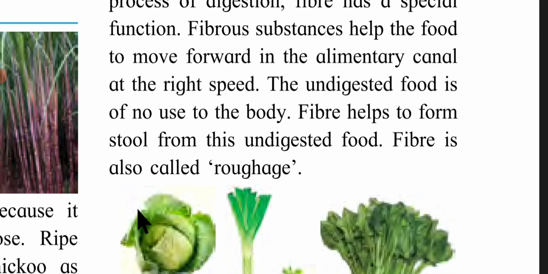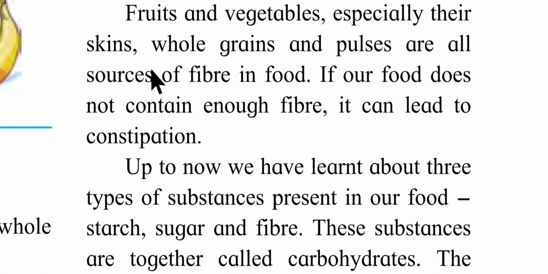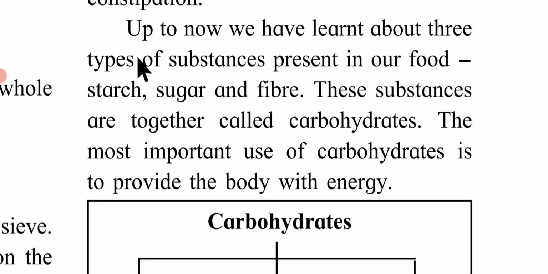Fiber is also called roughage. Fruits and vegetables, especially their skins, whole grains and pulses, are all sources of fiber in food. If our food does not contain enough fiber, it can lead to constipation.